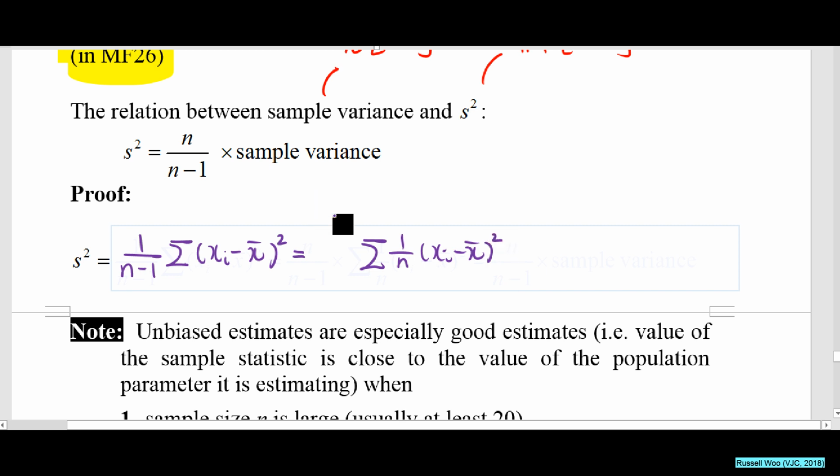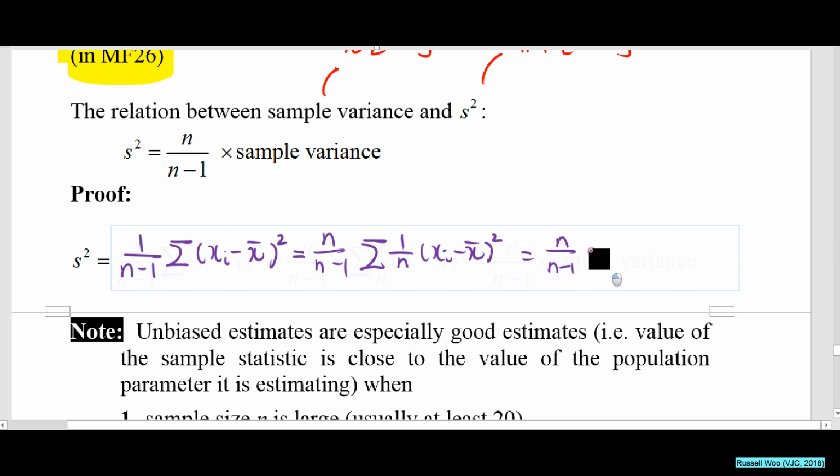So this is actually equal to n over n minus 1 times it. This cancels away, I actually get back this. So therefore this is sample variance, and S square is n over n minus 1 times sample variance. Do I need to memorize this? Actually I don't.